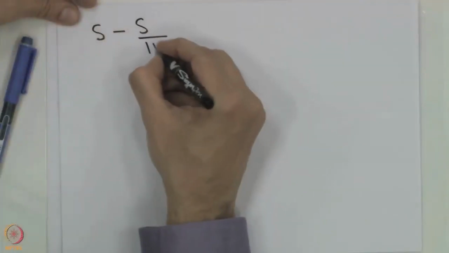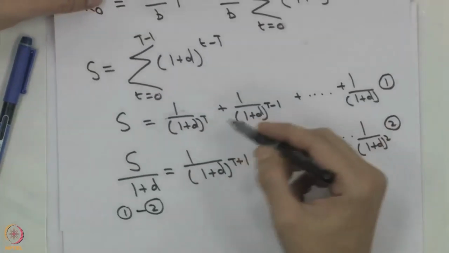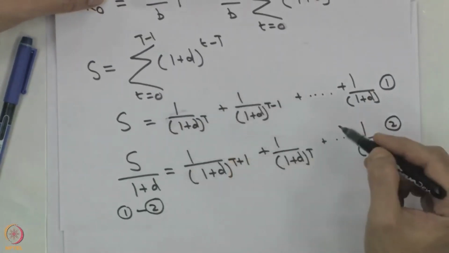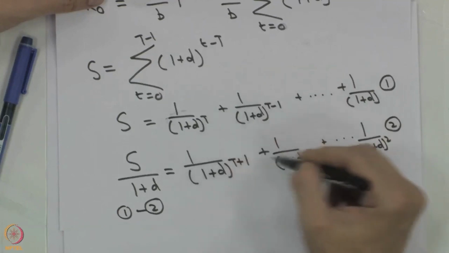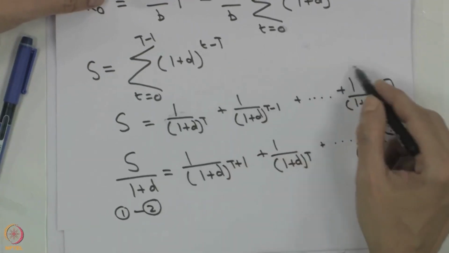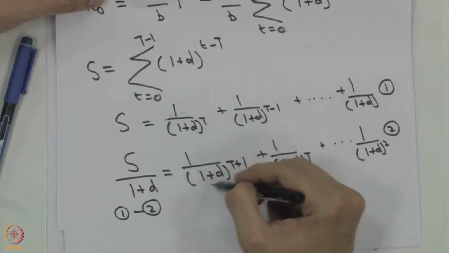If you do this, you will find that we get S minus S by 1 plus d, and what remains is that all of these terms will get cancelled. You will get 1 by 1 plus d over here, minus 1 by 1 plus d raised to T plus 1. These are the two terms which will be remaining.